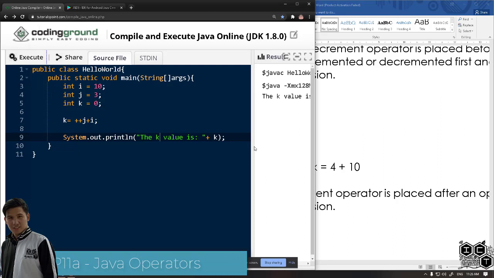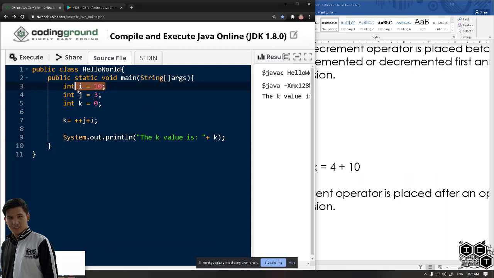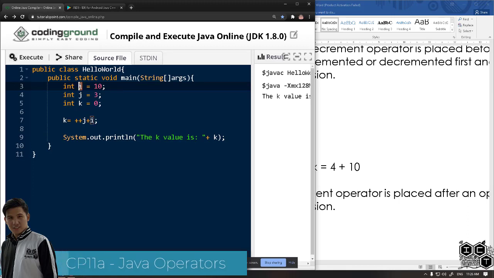Let's try to analyze and evaluate the lines of codes here. Now, we initialized the value of I into 10, j into 3, k into 0. Now, yung k ngayon, nilalagyan mo ng value ni plus plus j.